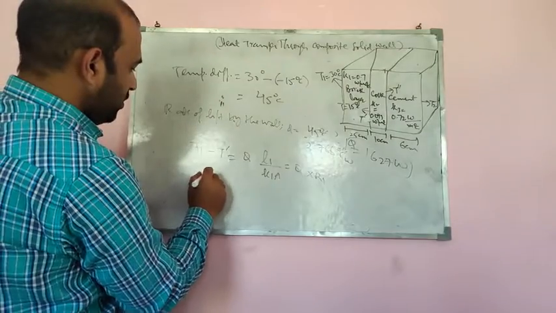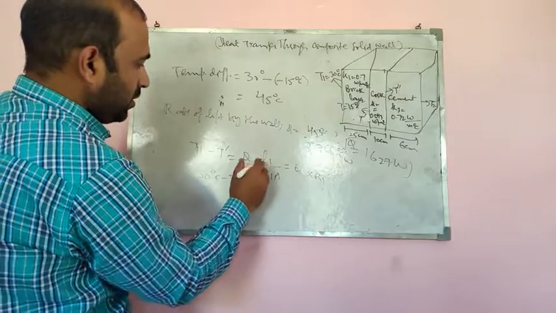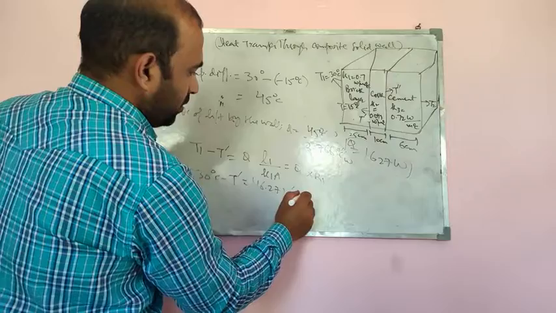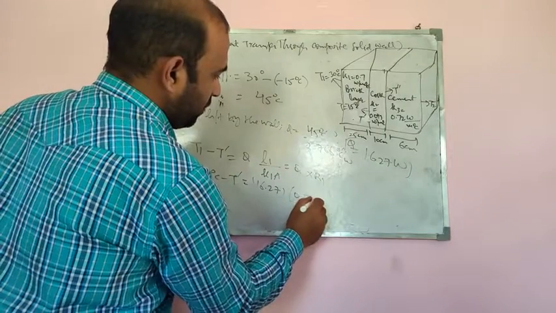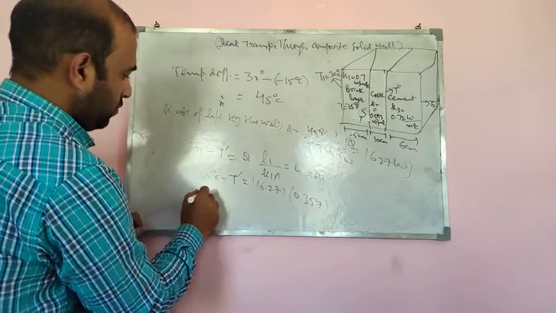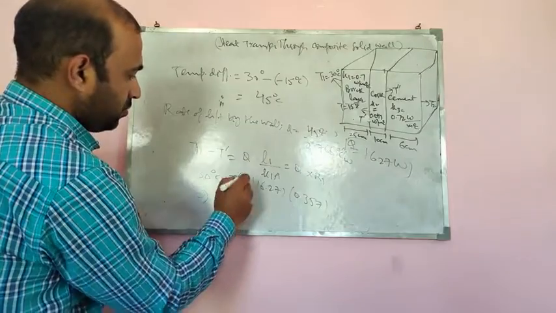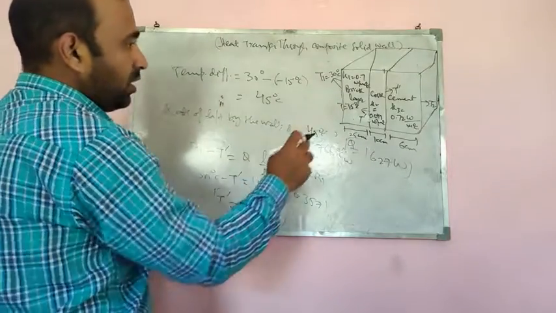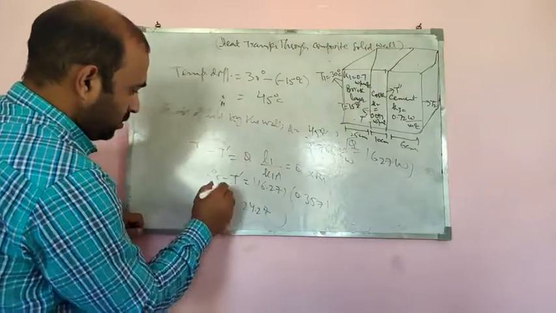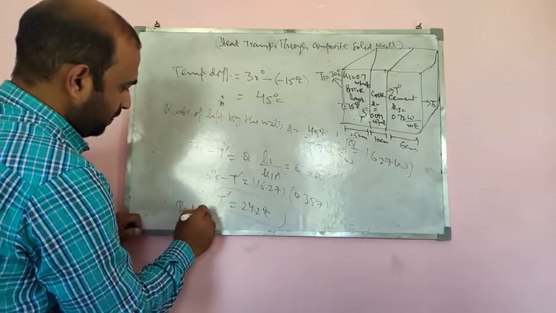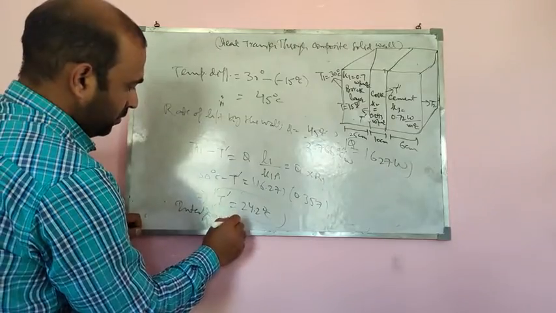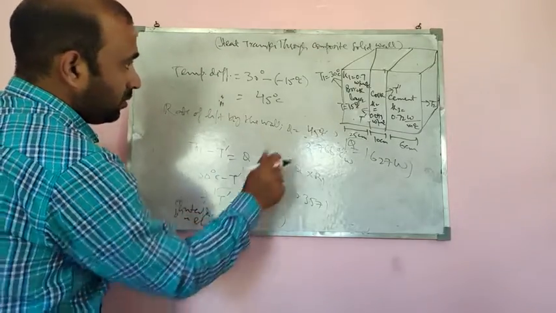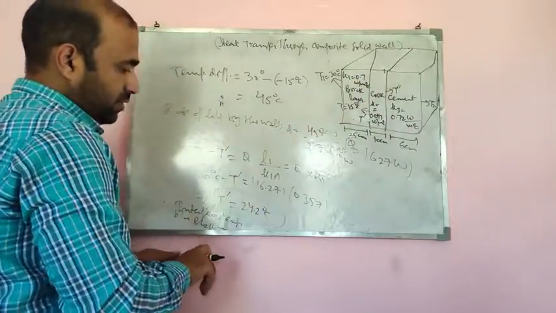T1 is 30 degrees Celsius minus T dash, equal to Q, 16.27, multiplied by R1, 0.357. If you calculate it, T dash should be equal to 24.2 degrees Celsius. This T dash is the interface temperature between the brick and cork layers.